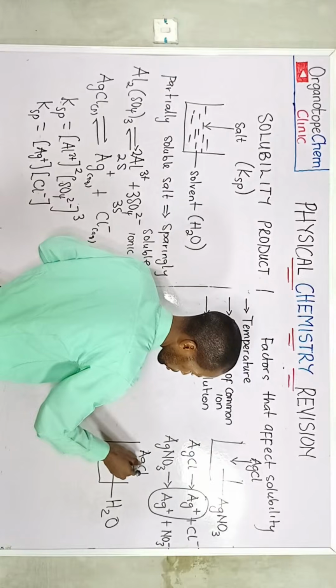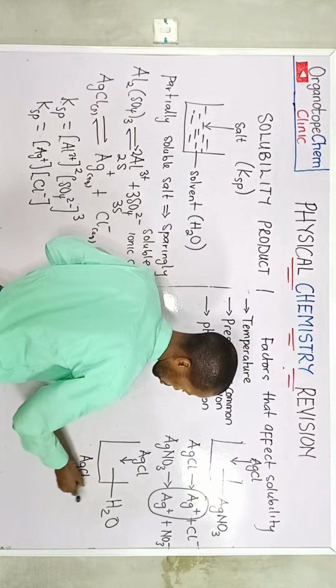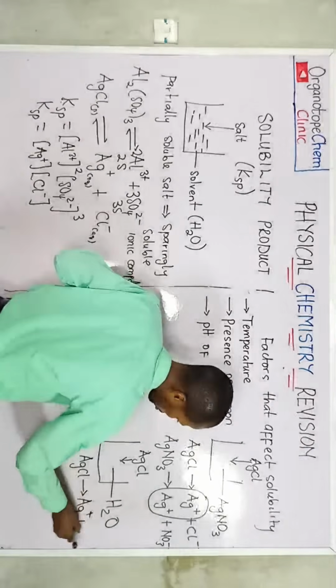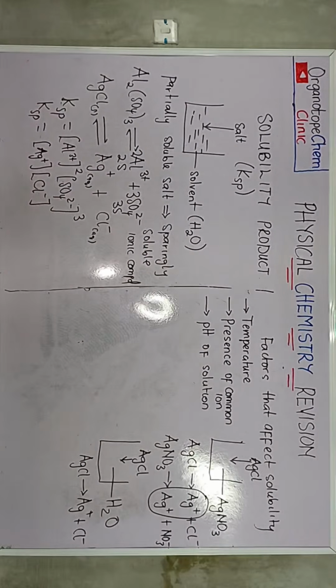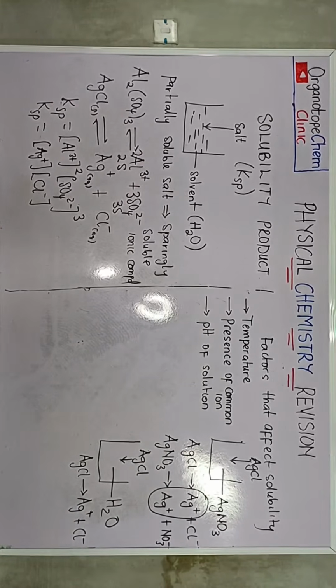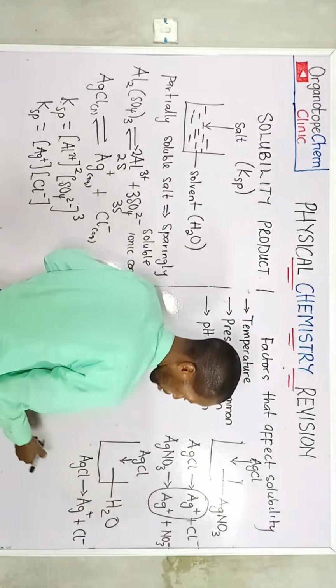So when you dissolve silver chloride in water, silver chloride will split into Ag+ and Cl-.